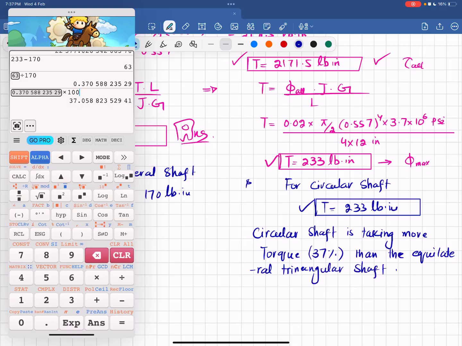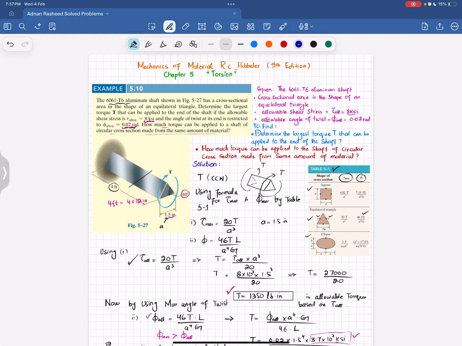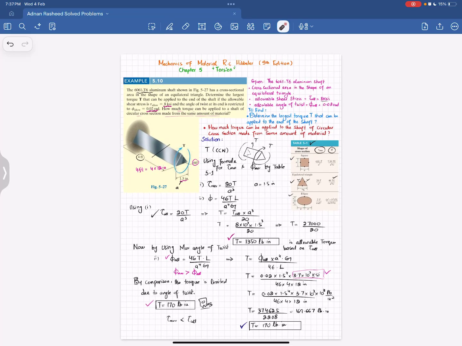So hence we can conclude that if you use the same amount of circular shaft, it will be better for this load problem or torque, and that will take much more torque than this equilateral triangle.